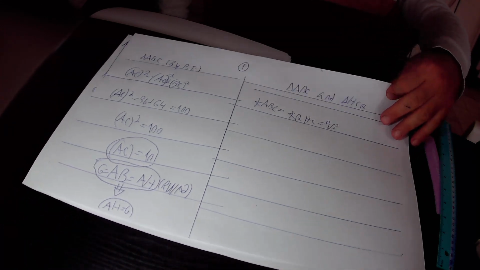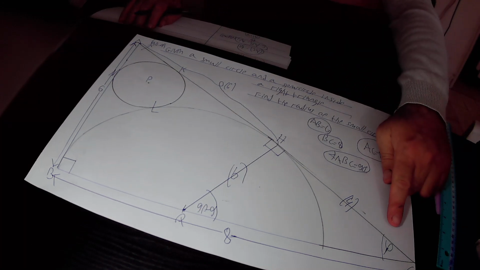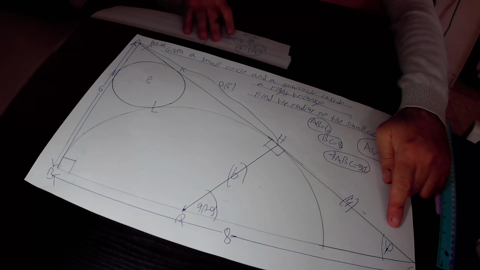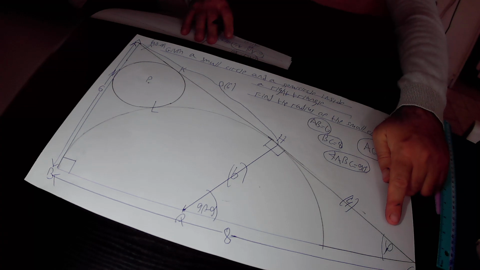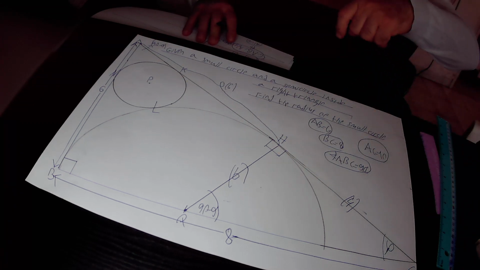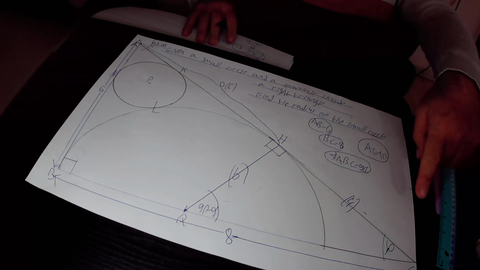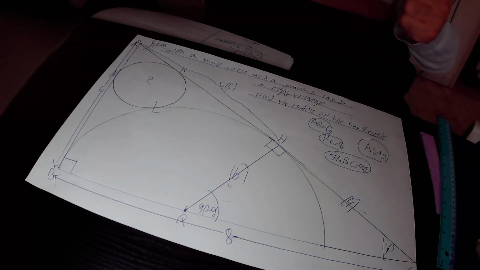In addition, this is angle alpha, a common angle that belongs to both triangles. So we can write down that angle alpha equals itself as a common angle that belongs to both triangles. If we relate to this angle alpha, since it belongs to the big right triangle ABC, it will be defined as angle ACB, and it equals itself.